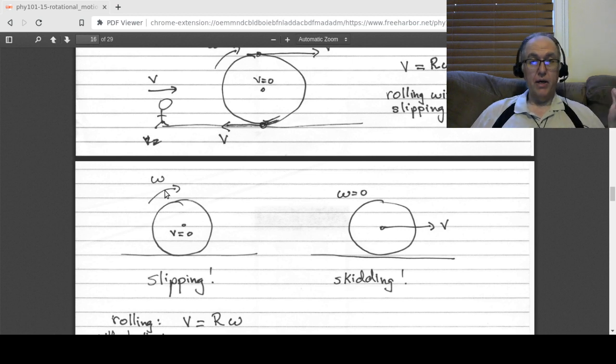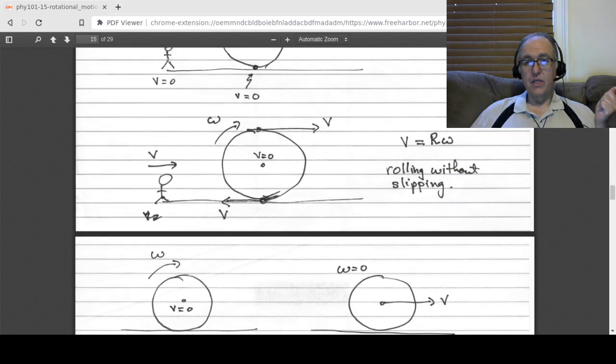It can even be a very big omega, because it could be spinning very fast. You're desperately trying to get out of this rut, and you're not getting out because it's all ice. So you've got a big omega, but what's your v? Zero. In that case, if you look at this formula, omega is big, but v is 0. Well, obviously this formula is not working.